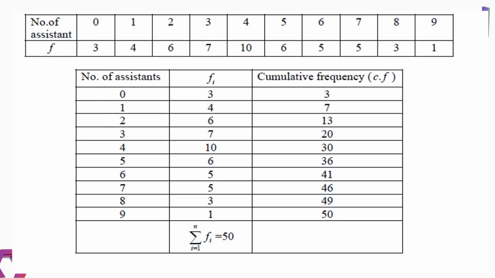If we have the number of assistants, this is considered as X and this is the F. First we find summation F, which is 50, then find n by 2, which is equal to 50 by 2, 25.